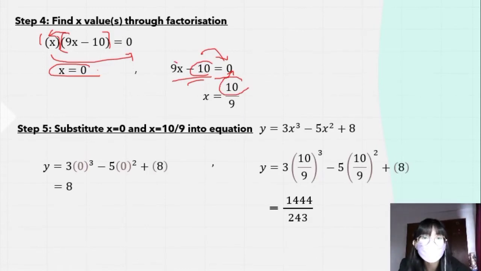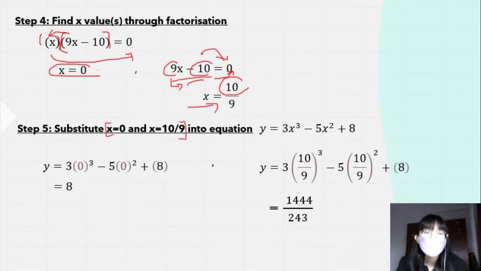We divide by 9, so x equals 10 over 9. So now that we have x equals 0 and x equals 10 over 9, we will substitute these values into the equation y equals 3x cubed minus 5x squared plus 8, which is the original equation given, so that we can find the y value.